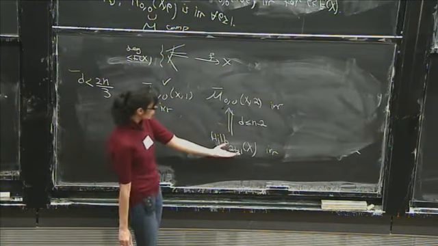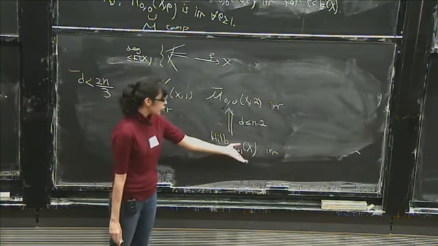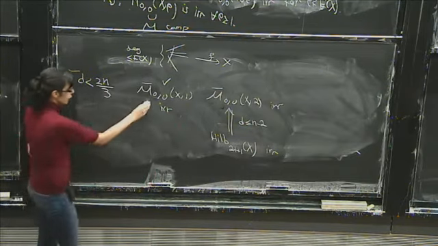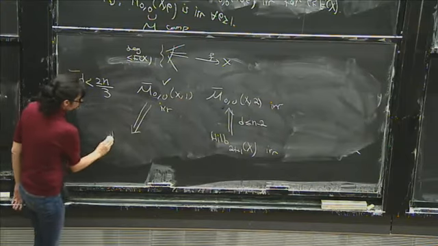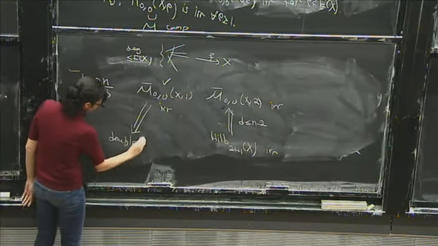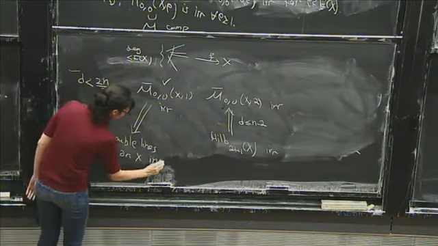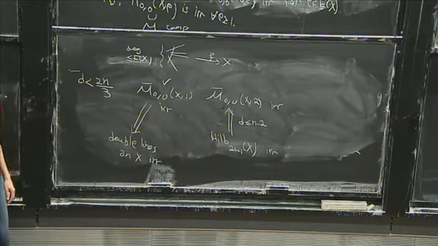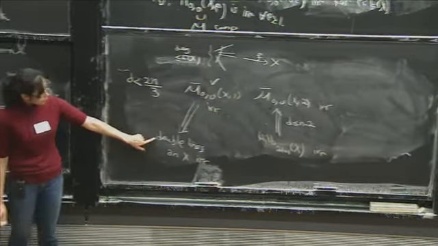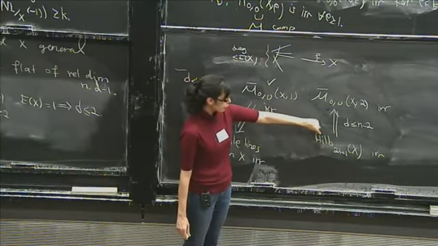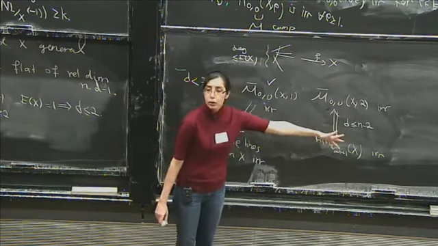And why are these irreducible? Because the space of lines is irreducible, therefore the space of double lines in X is also irreducible. And if the space of double lines in X is irreducible, then the Hilbert scheme should be also irreducible.